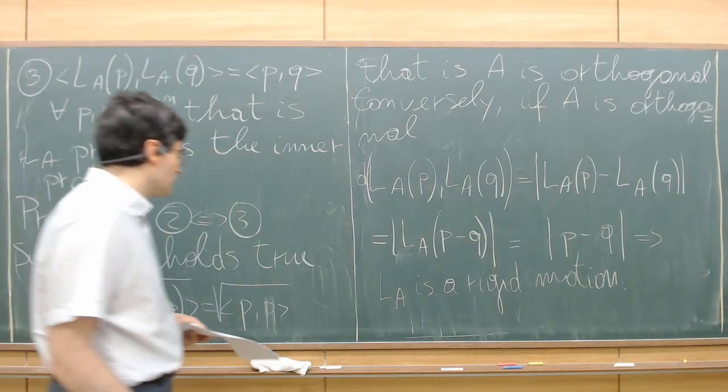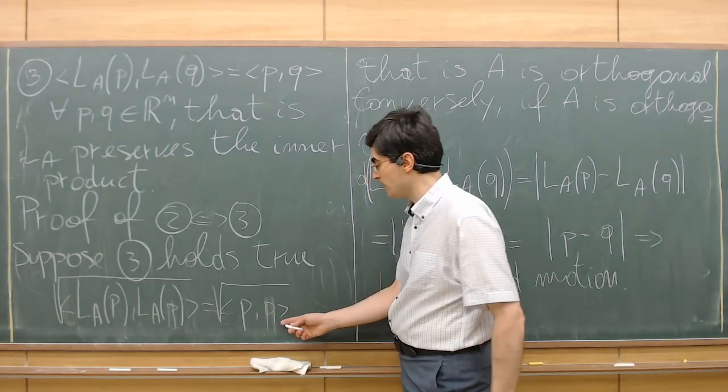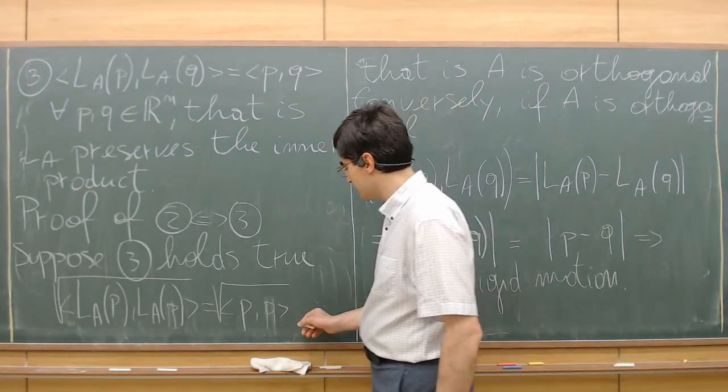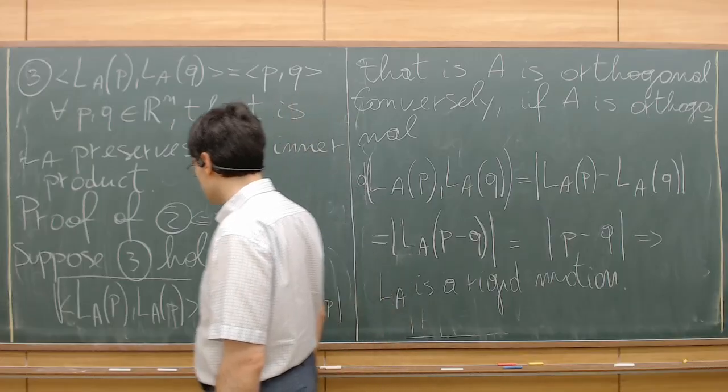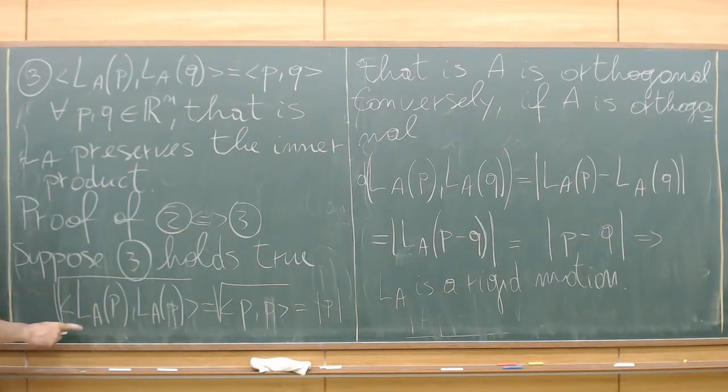And what do we have on the right hand side? This is the length of P, and what we have on the left hand side, this is the length of LAP.